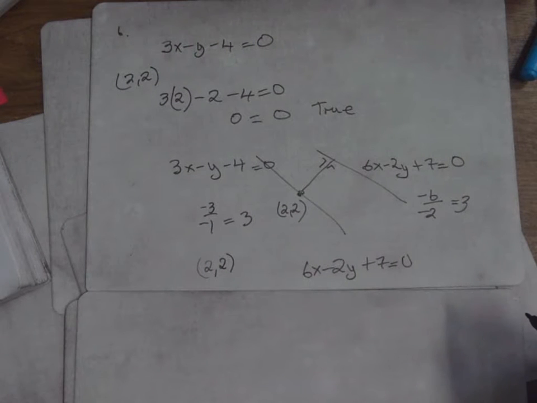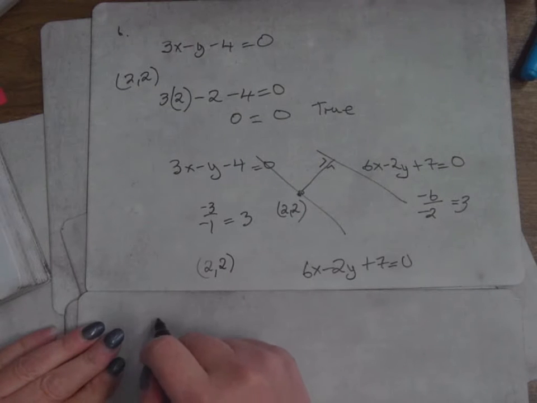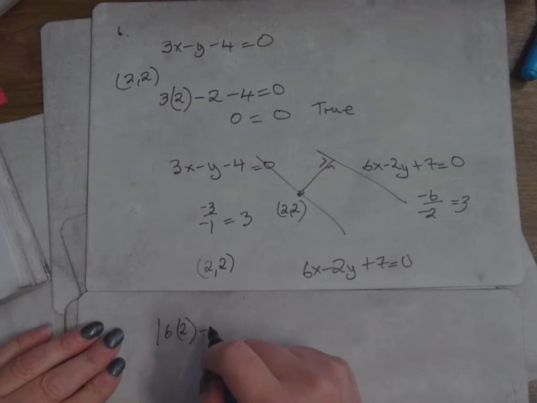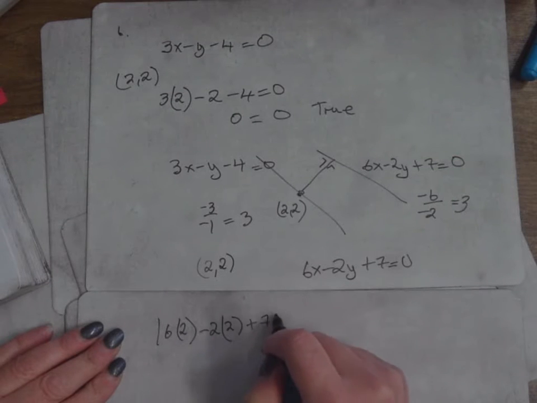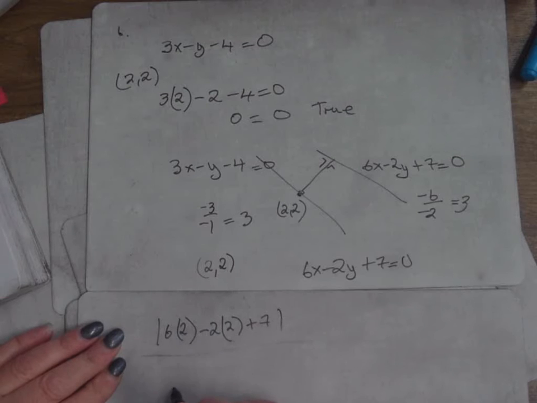And if they're parallel, you just pick a point on one of the lines, okay? So filling in, that's 6 times 2 minus 2 times 2 plus 7 all over the square root of 6 squared plus minus 2 squared.